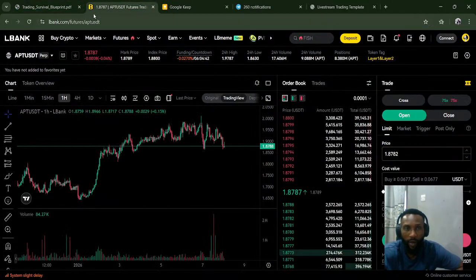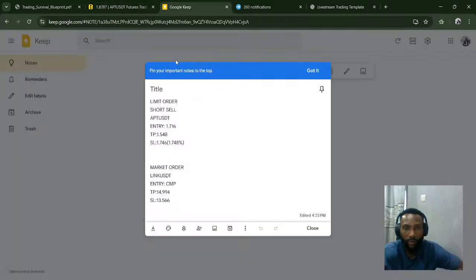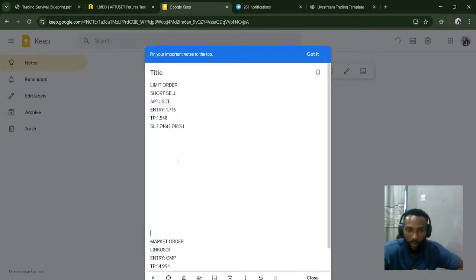The formula is account size. I'll come here and write it out. Ignore this one down. That one is a market order.